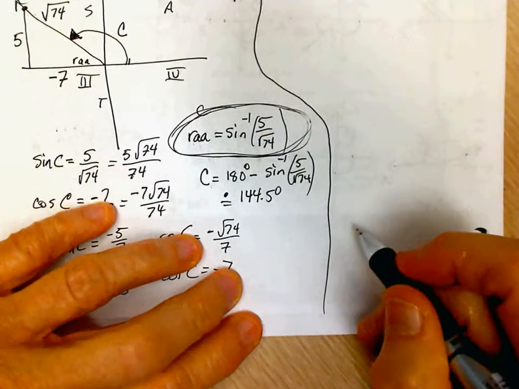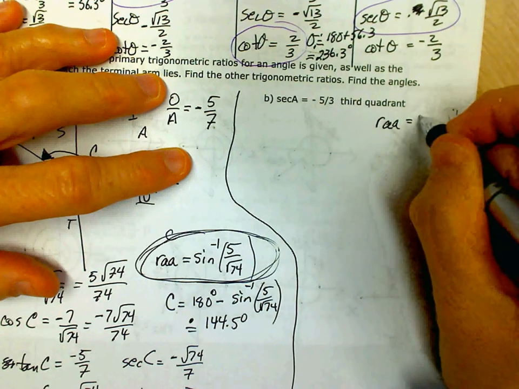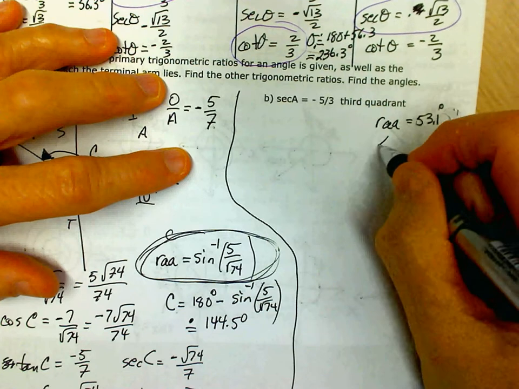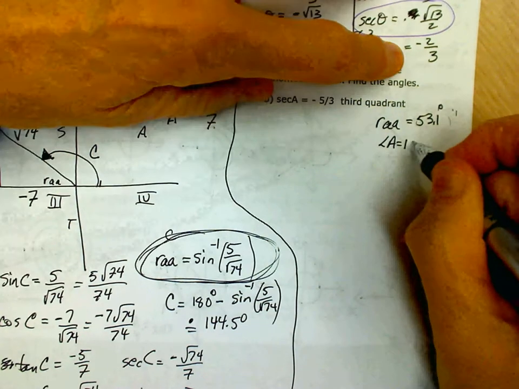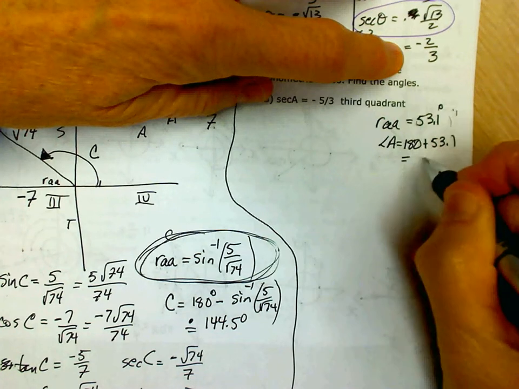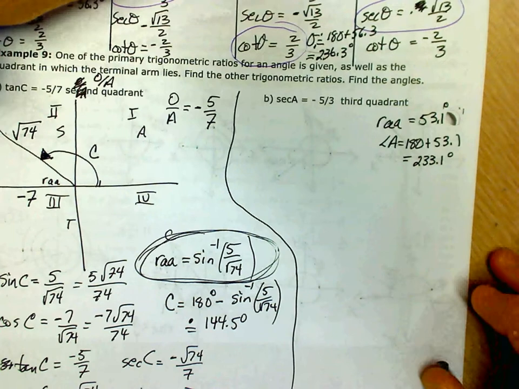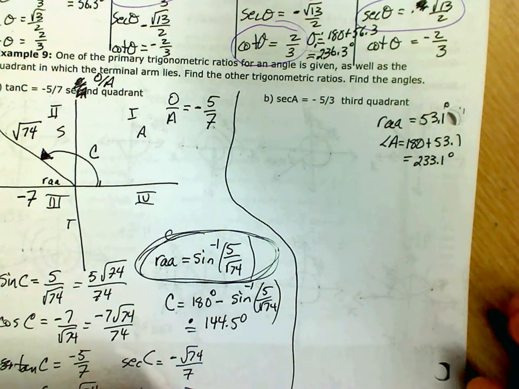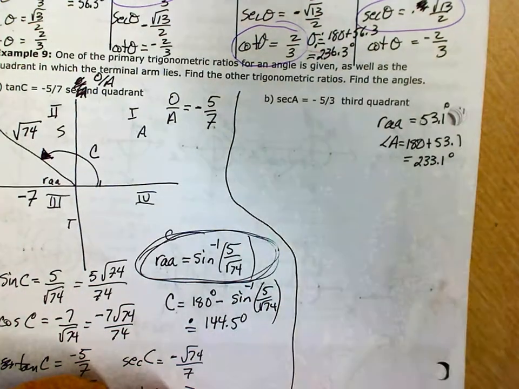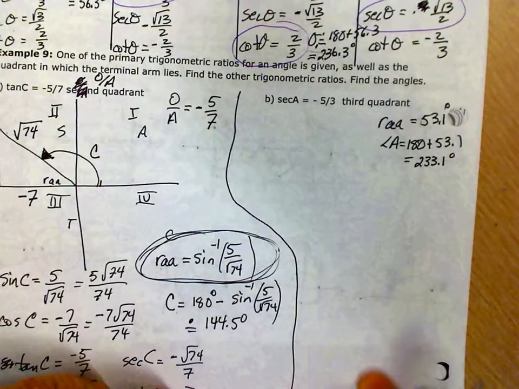Well, the related acute angle equals 53.1, and angle A will equal 180 plus 53.1, and that will equal 233.1. I'm giving you the answer, but I want you to try this one by yourself.